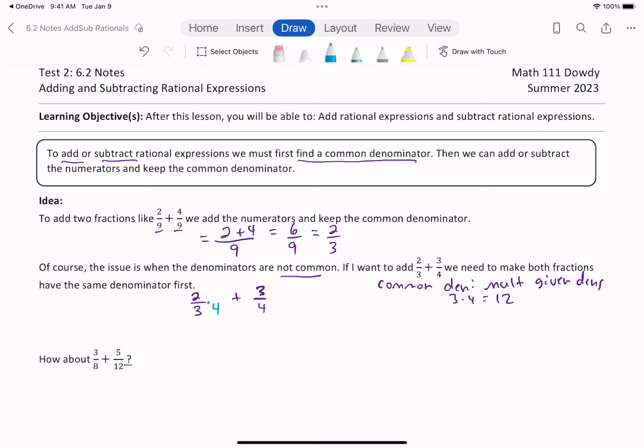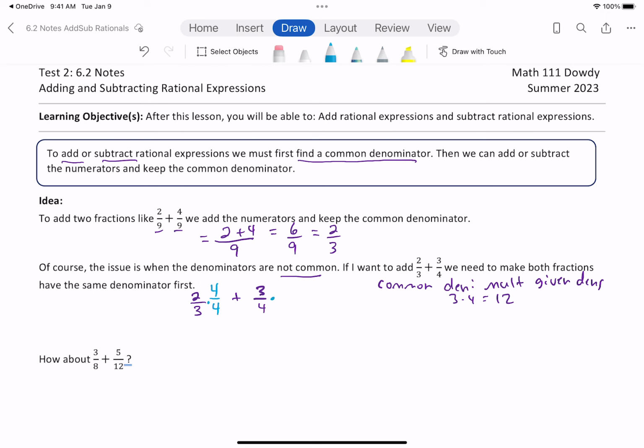But remember, we can't just multiply the bottom. We want to end up where we're actually multiplying by a factor of 1, because 1 is our identity element, which means it doesn't change the original. So if we multiply the bottom by 4, we also have to multiply the top by 4.